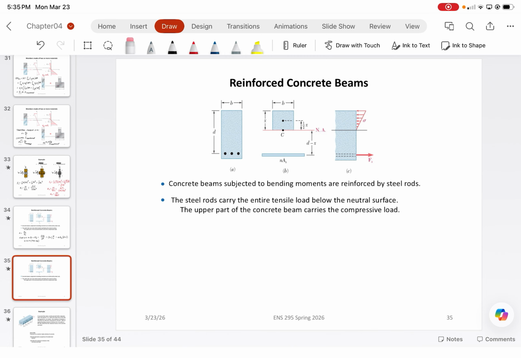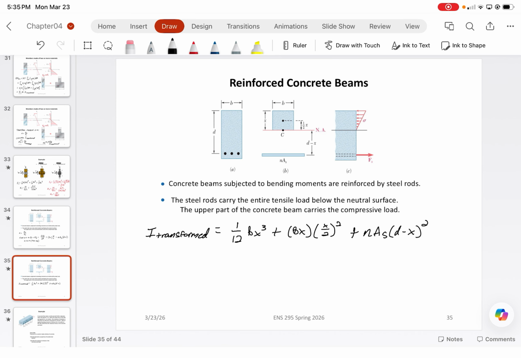From here, after we determine the neutral axis, next step should just be to find the transformed cross-sectional second moment area of inertia, which, when you do the tables, would just simplify to 1 over 12 bx cubed plus bx times x over 2 squared plus n As times d minus x squared.